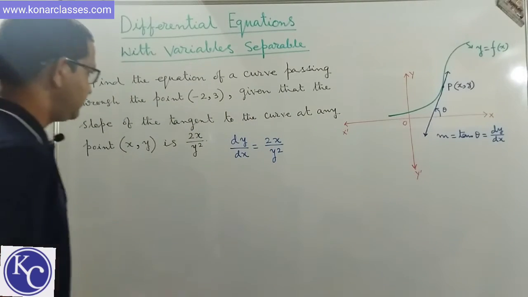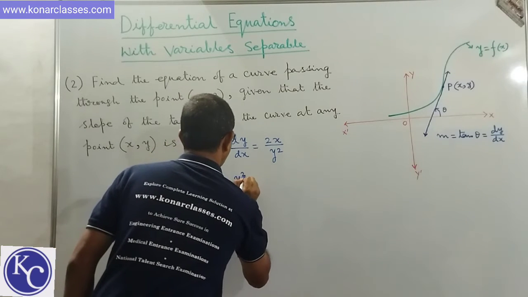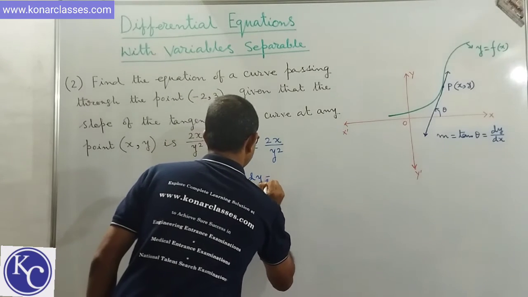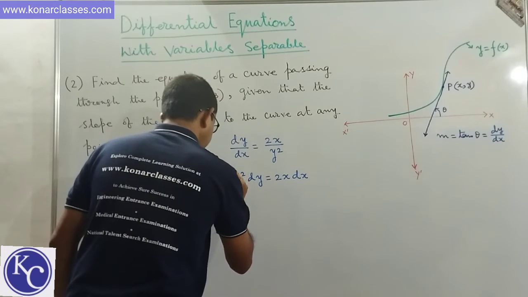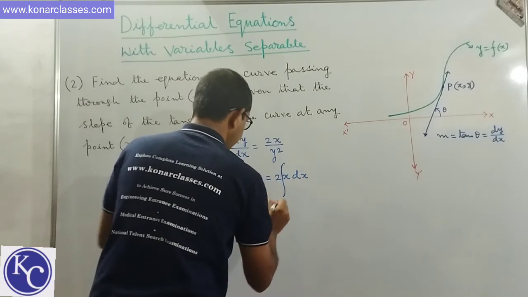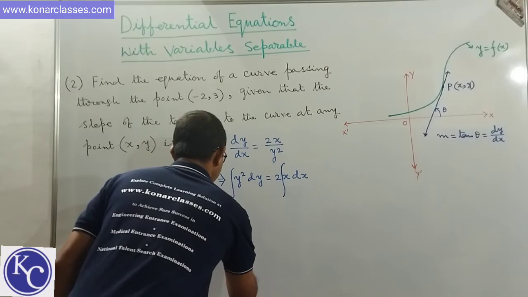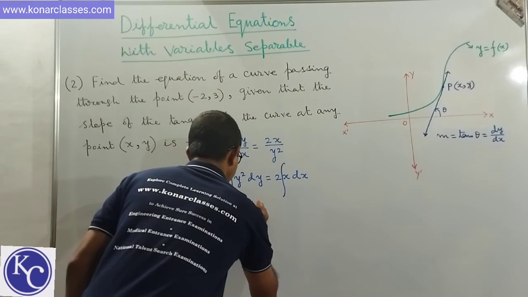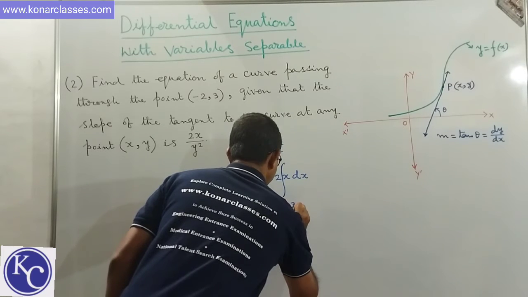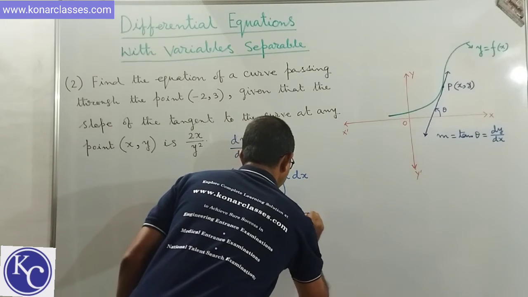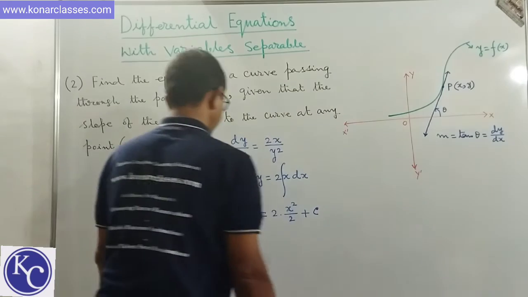So we need to solve this differential equation. From the variable separation method, y square dy is equal to 2x dx. Then we can integrate both the sides. 2 is a constant, so we can take it outside of the integration. So integration of y square dy is y to the power 3 by 3, that is equal to 2 into x square by 2 plus an integrating constant, suppose c.